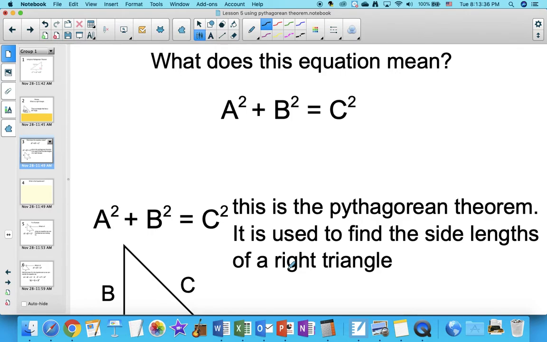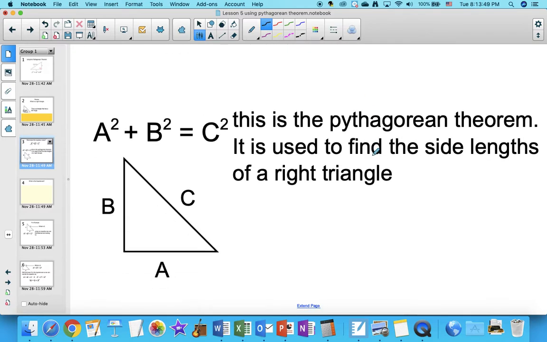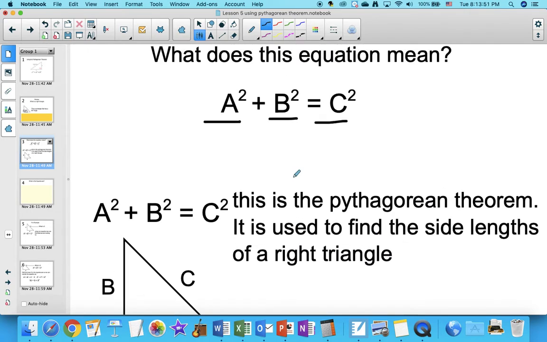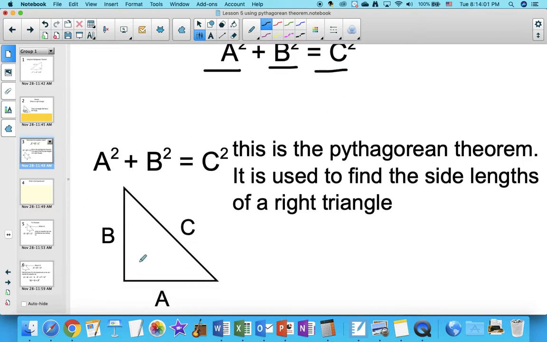So what does the Pythagorean theorem mean? This is from our previous lesson. The Pythagorean theorem is defined as a squared plus b squared equals c squared. Now we got all these letters. What do these letters represent? Well, the letters represent the sides of a triangle. Remember, there are three sides to a triangle. So A is side A, B is side B, and C is side C. What we're saying is we take the length of side A and we square it.